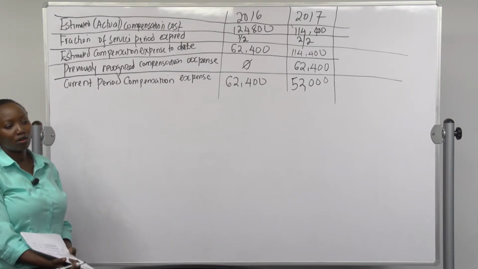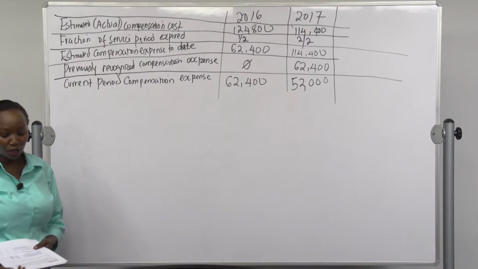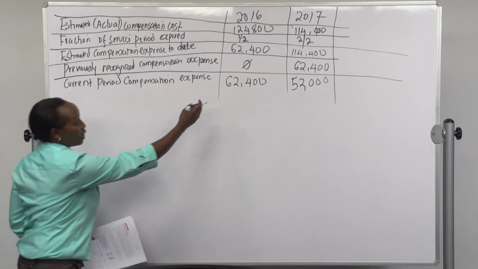Now let's record the journal entry for the compensation expense. We already have our numbers.